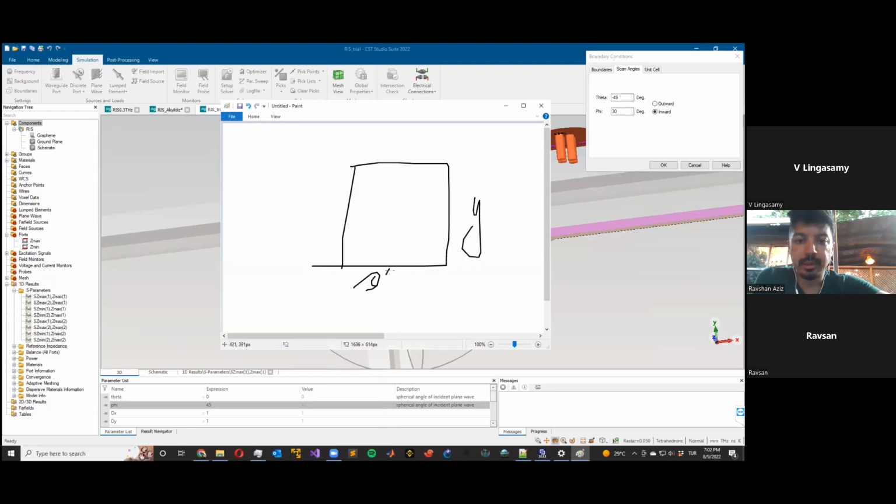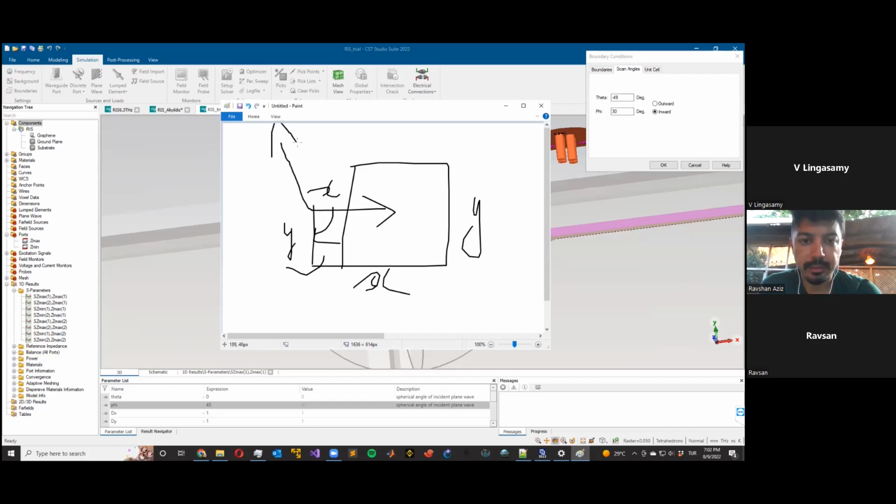With respect to this, this is the Y axis, this is the X axis. So now I can control this one, five degrees, it can be anything, right? And vertically, this is the Z axis.